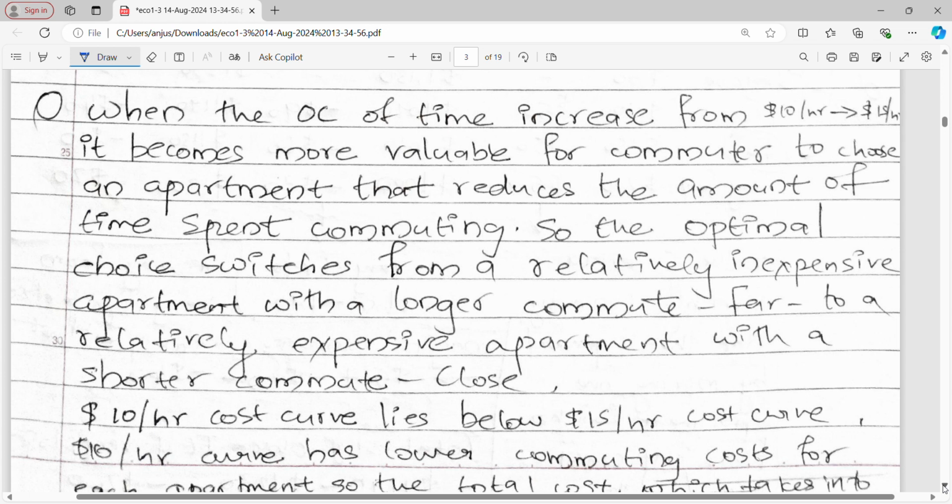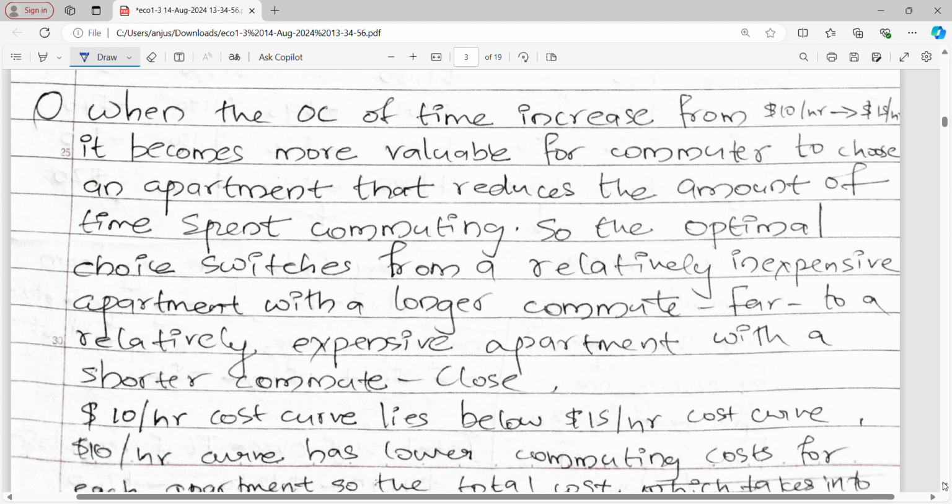Right, because it is more valuable for him to use that time in doing his work. Whatever alternative choice may be for doing hobbies or work, it is more valuable than the commuting time. So the optimal choice switches from a relatively inexpensive apartment with a longer commute, that is far, to a relatively expensive apartment with a shorter commute, that is close.